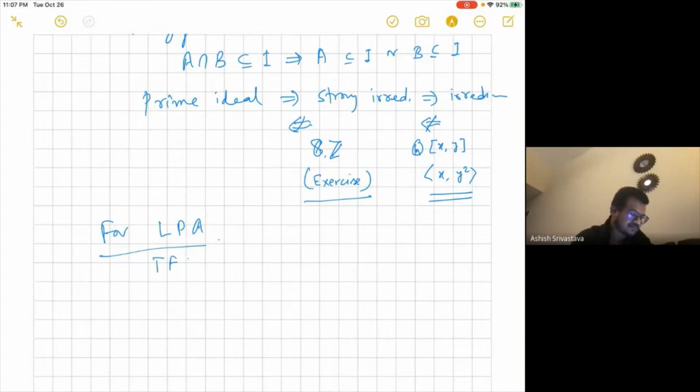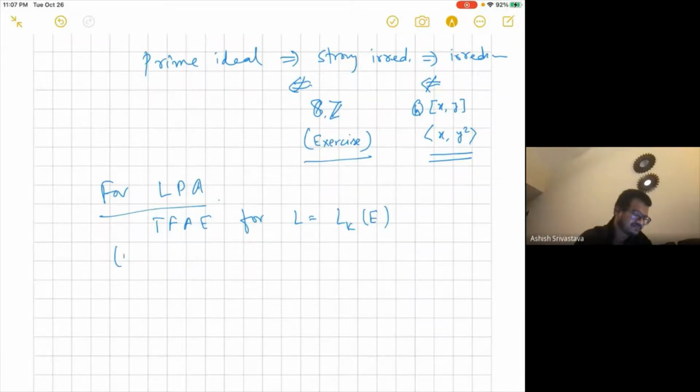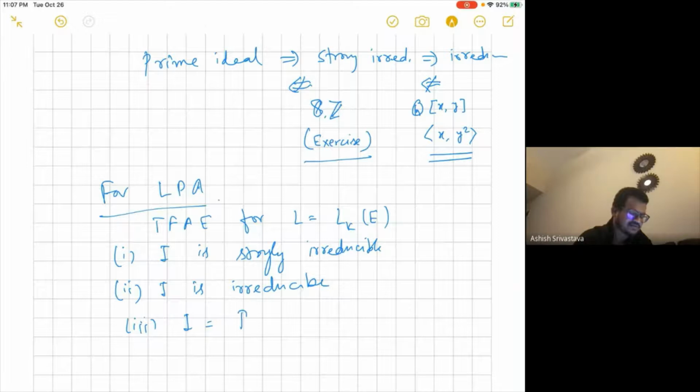So the following are equivalent for L equals L_K(E): I is strongly irreducible; I is irreducible; and this is equivalent to saying I equals P to the n for some prime ideal P.